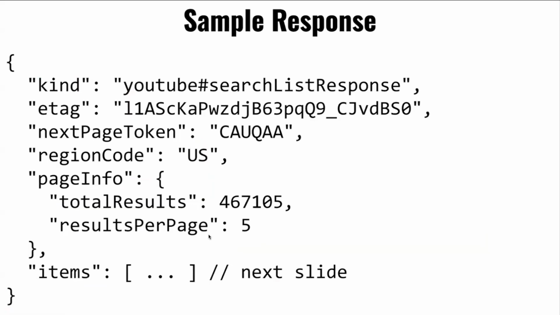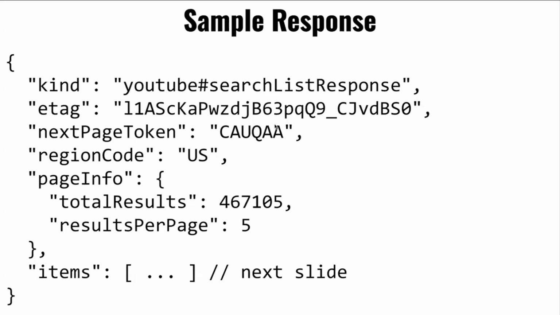You get some meta information above, saying how many video results are per page. It gives you a couple of tokens, so that you can use this token to ask for the next page.